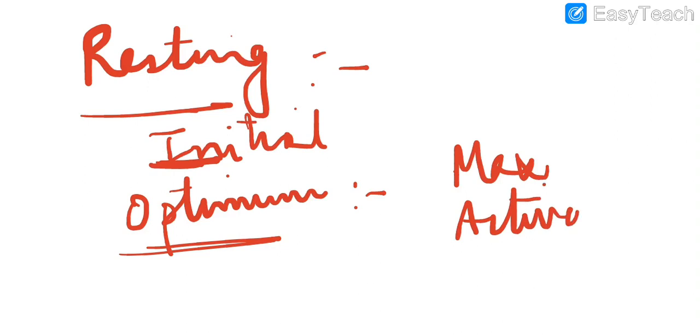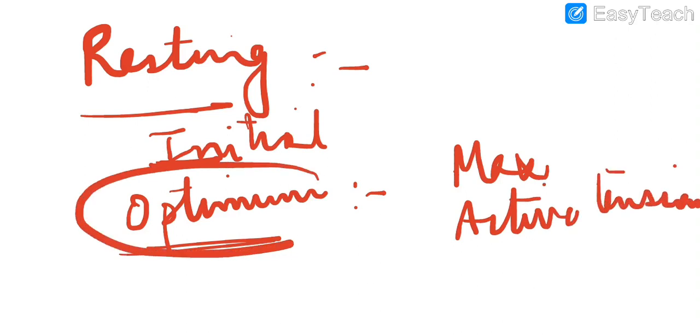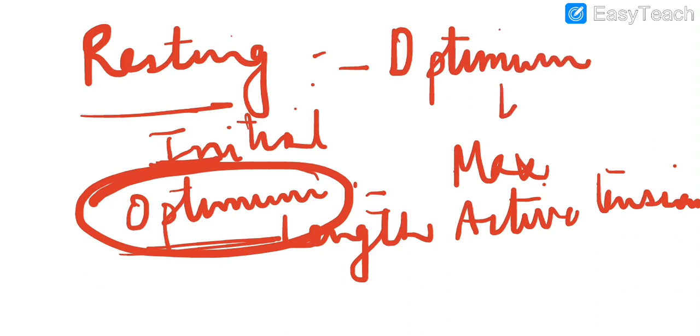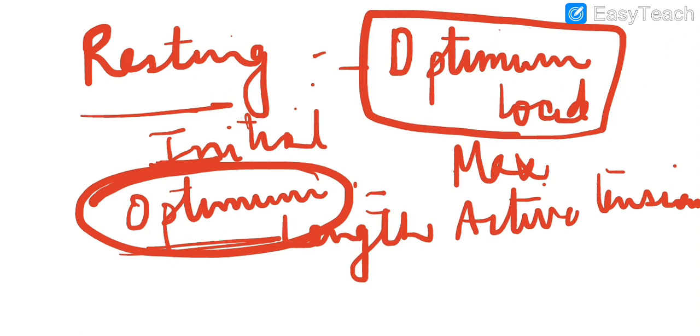Maximum active tension. Now because the word optimum has come into play, one is optimum length, the other is optimum load. Whether it is a preload or afterload, ultimately we are calculating the work done at a particular length or with a particular load. So what is optimum load?